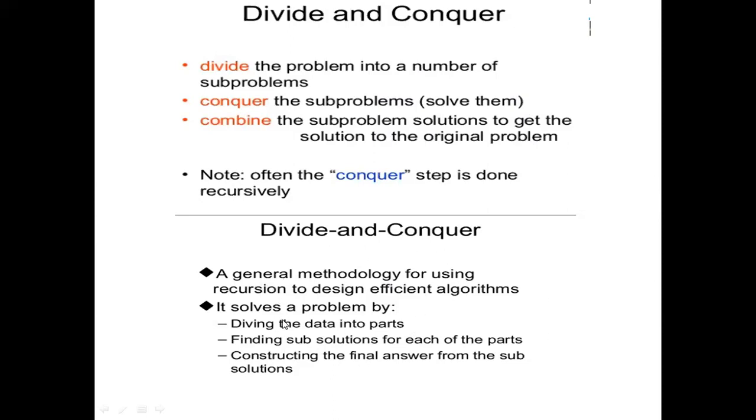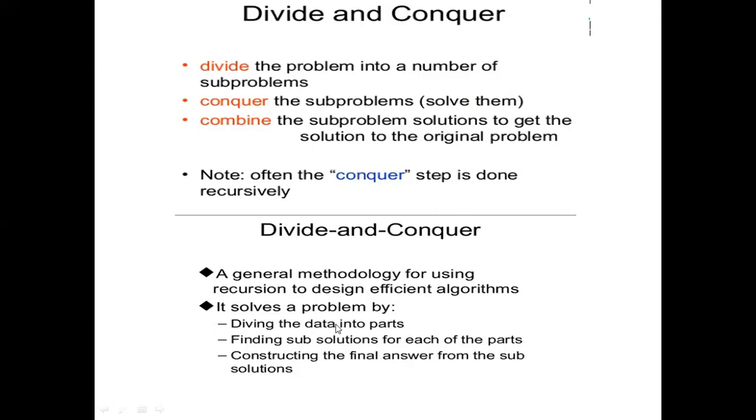So for divide and conquer, we are using a general methodology called recursion, to design efficient algorithms. So we have to see here, we divide the data into parts, find the solutions for each of the parts, then construct the final answer from the sub solutions.